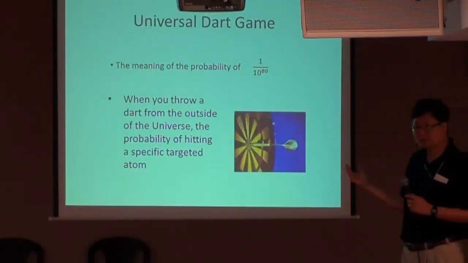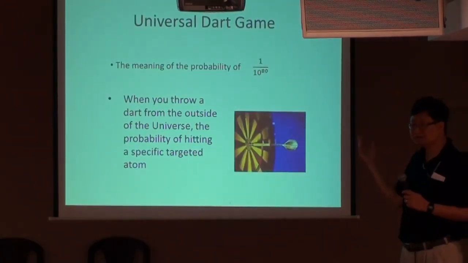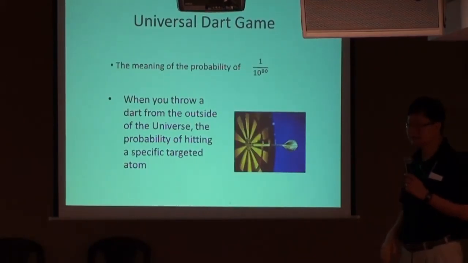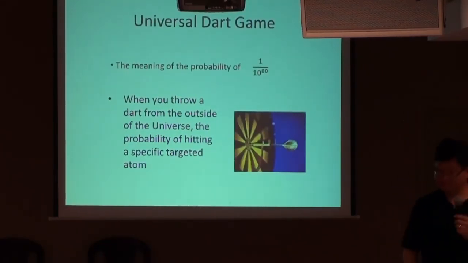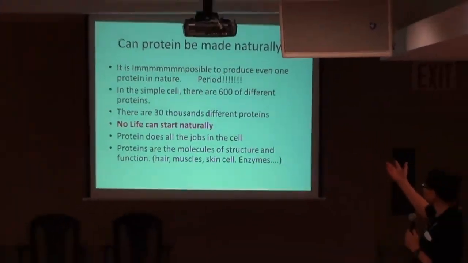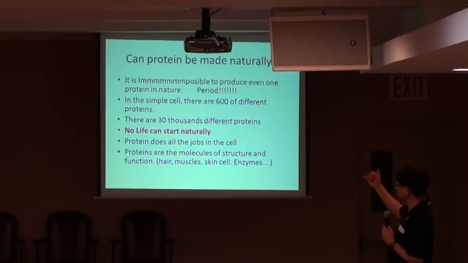But in order to make one simple protein, how much power do we need? 1 over 10 to the 200, at least. Then we make one protein. Now, how many proteins do we have? So the conclusion is, it is not just impossible.